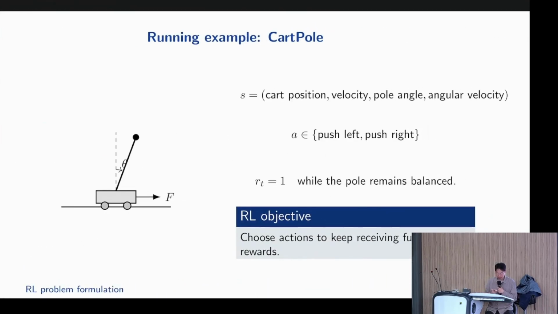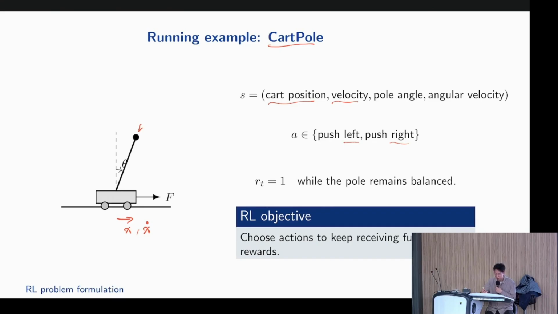Okay, so what are some examples? Let's say we have this cart pole. Here you have some metal rod and some ball attached to it. Your actions are you can push the cart to the left or right. And the state is cart position, velocity. So let's give it some names. X is position, x dot is velocity.